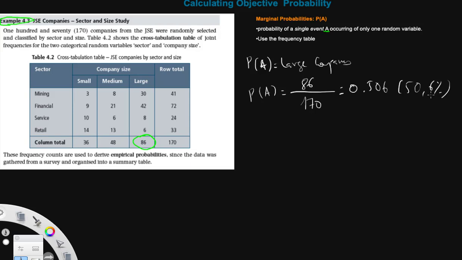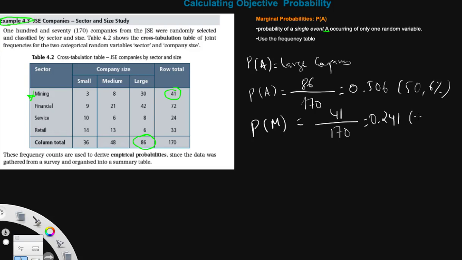That is one example of a marginal probability. The other one is also, let's say, if we want to find out what is the chance that a GSE listed mining company is randomly selected. Same thing applies. We go to the table, we see, okay, this is a mining company here. What is the chance of selecting it? We look at the whole total, which is 41. Then P, for now I'll just write M because it's mining, is equal to 41 divided by 170, then you get 0.241.